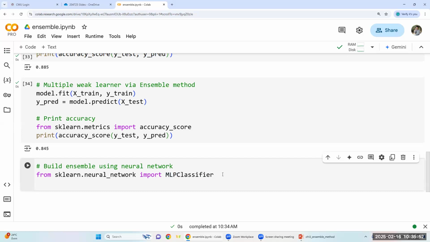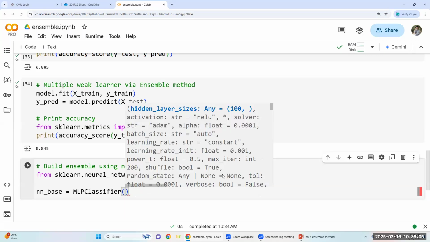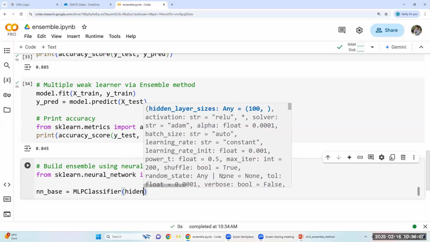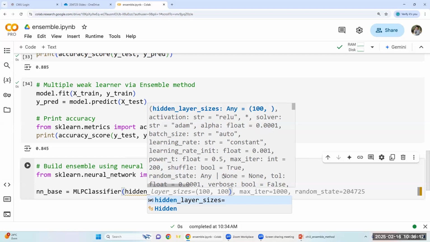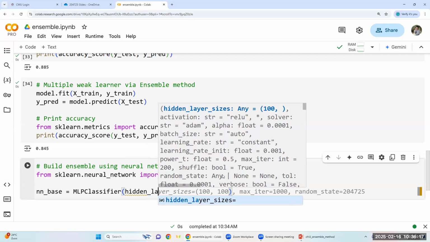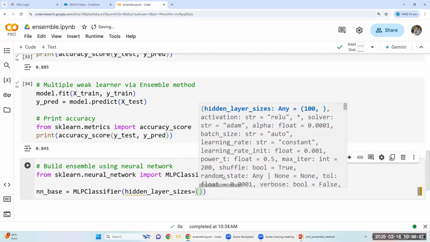And the way that we create the MLP, right? So we have the neural network base. It's going to be MLPClassifier, and then you can specify the hidden layer size. So we have the input layer, we have the output layer, and then the middle is called the hidden layer. Now this hidden layer size can take multiple numbers if you have multiple layers in the hidden layer.